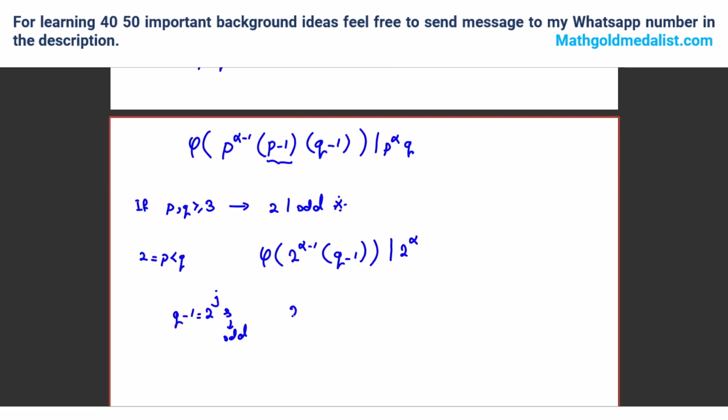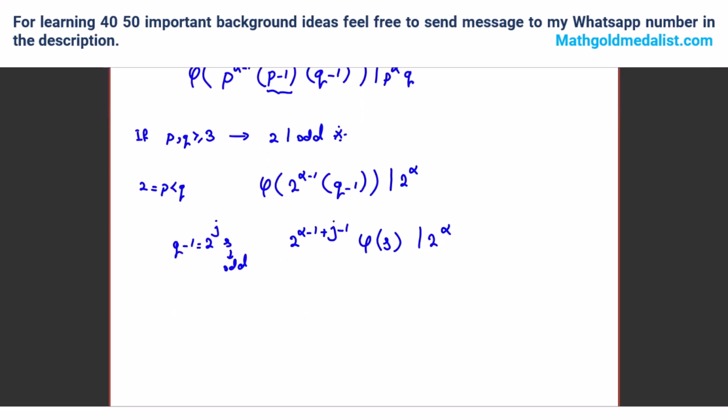So it will be 2 to the alpha minus 1 plus j minus 1 times phi of s, right? Divides 2 to the alpha. So what can we conclude? j minus 2 is less than or equal to 0, or j is less than or equal to 2. That's j minus 2 less than or equal to alpha, so j is at most 2, right? So it can be 4 times an odd number or 2 times an odd number, right?